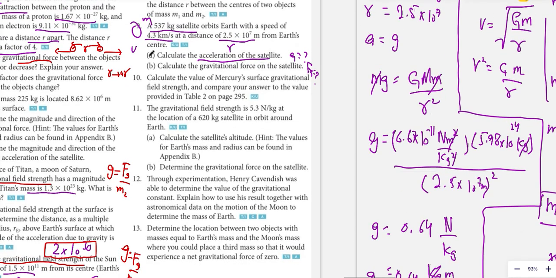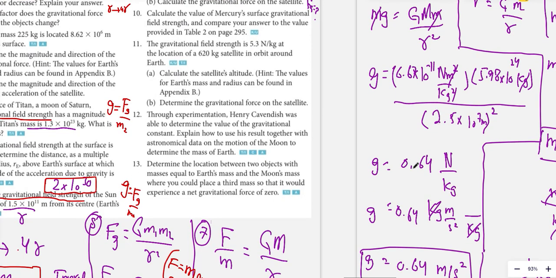The radius, or you can call it the radius plus altitude, is also given, or the distance of the satellite from the earth. We can simply substitute the values and get the value of g.